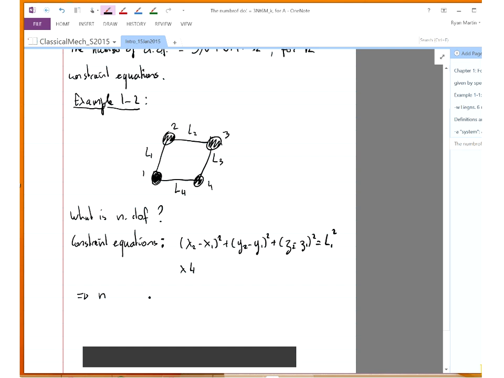So the number of degrees of freedom is equal to 4 times 3, that's the maximum possible, minus 4. So it's 12 minus 4, it should be 8 degrees of freedom for this particular problem. Is that what I wrote down?